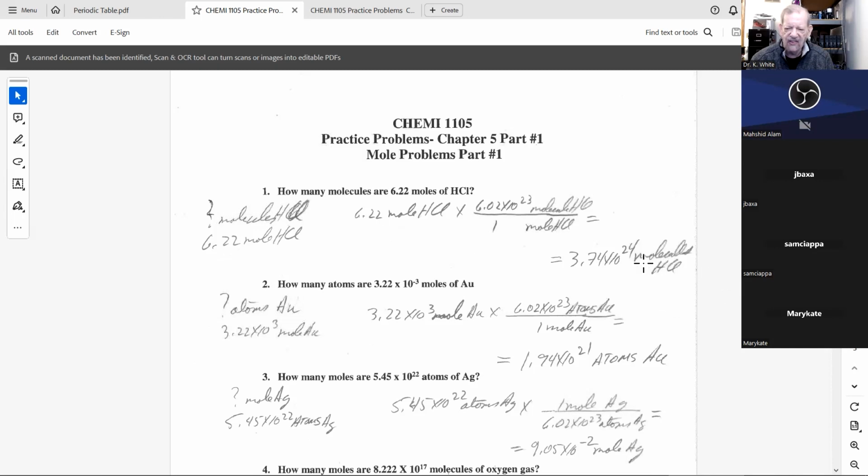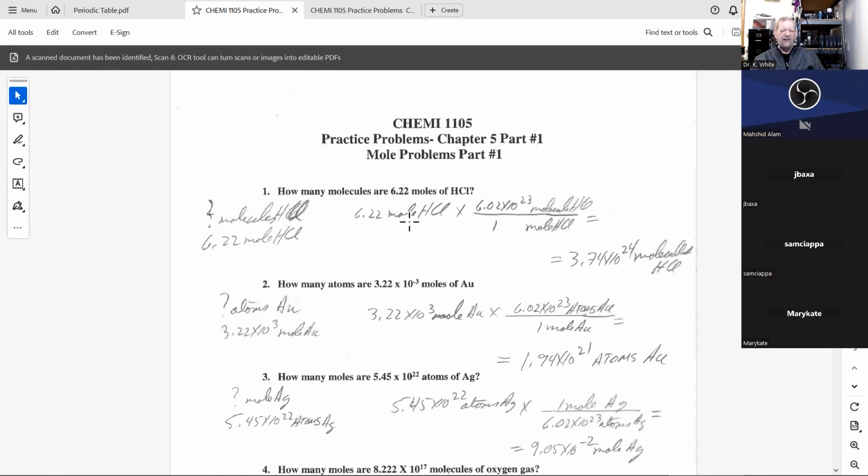We're trying to get to these units, molecules. And how do you use your good buddy, your good friend, unit analysis? If there was a conversion ratio, something over something, what would go on top? Units, the molecules of HCl.